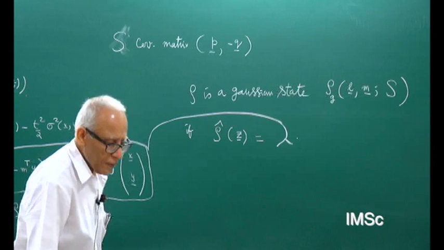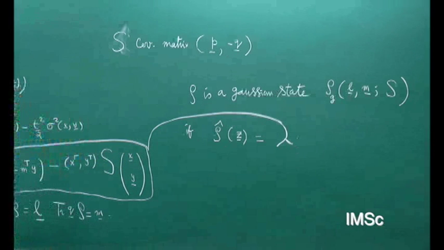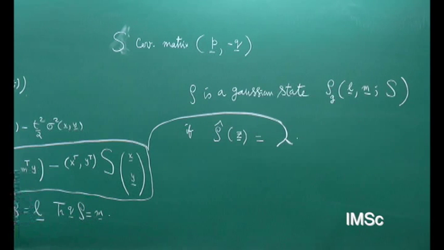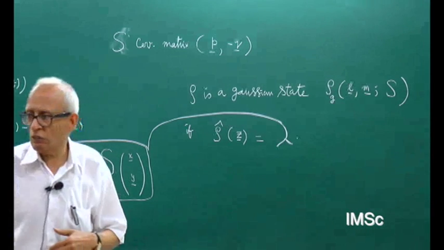Now the question arises, suppose I start with this L, M and an arbitrary positive definite matrix. What is the guarantee that there exists a state rho such that rho hat of that is equal to this? So, for that you should have that positivity property which I mentioned.